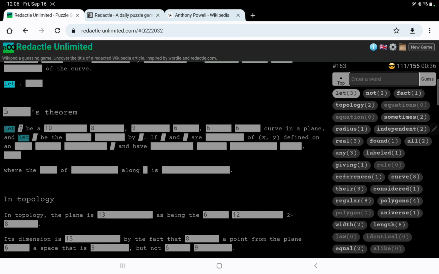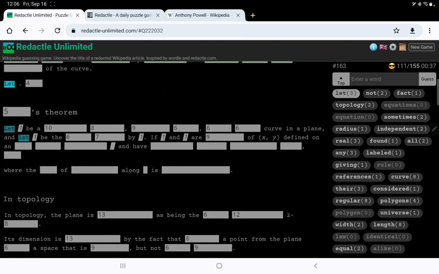So let something be a 10 9 9 6 6 6 curve in a plane, and let something else be the 6 7 by something if these two things are 9 of x y, not independent, are something.